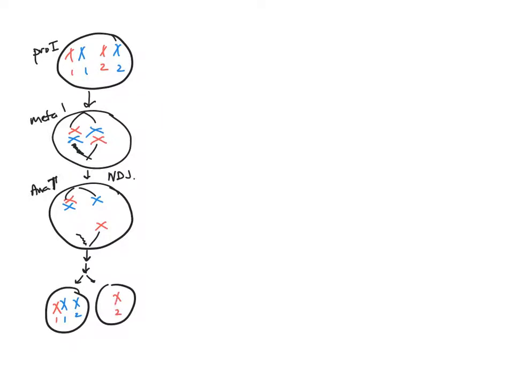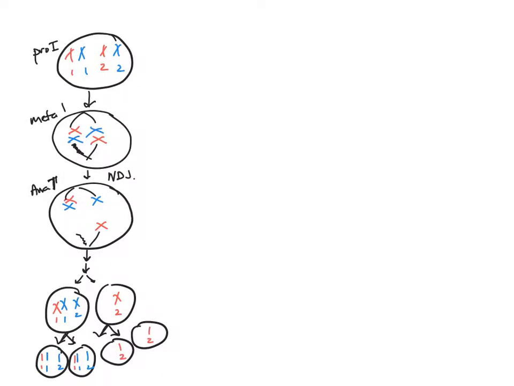If these were to split again, skipping the phases because we've already drawn them a bunch of times, we're going to end up with these 4 gametes. These 2 are going to have 1 from mom and 1 from dad, and then 2 from dad, whereas these 2 are only going to have the 2 from mom.